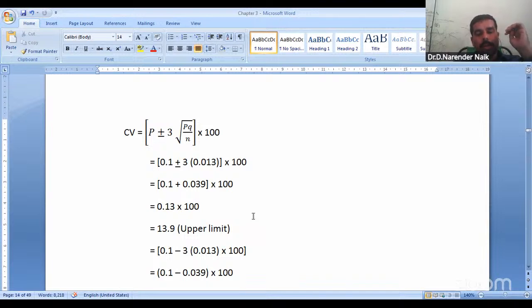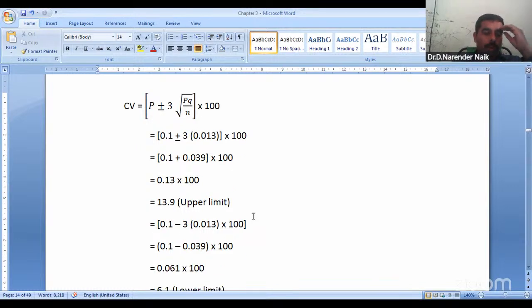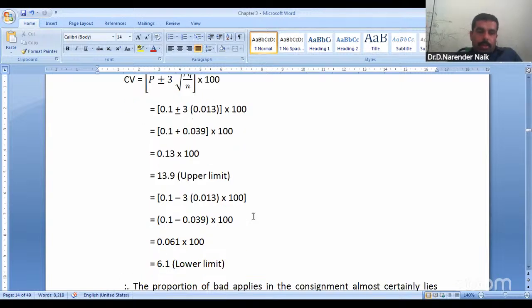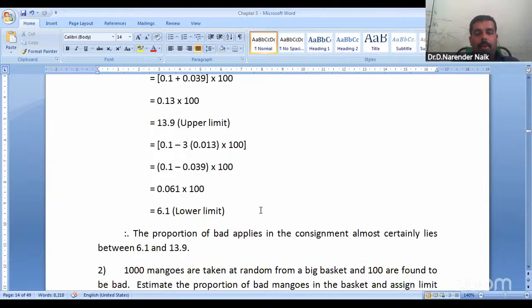That is the upper limit. Then 0.1 minus 0.039 into 100 is 6.1, the lower limit. So the proportion of bad apples in the consignment almost certainly lies between 6.1 and 13.9.